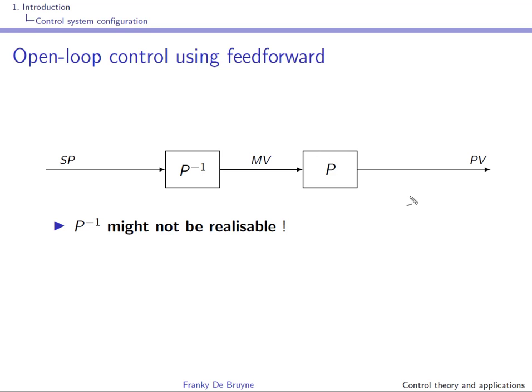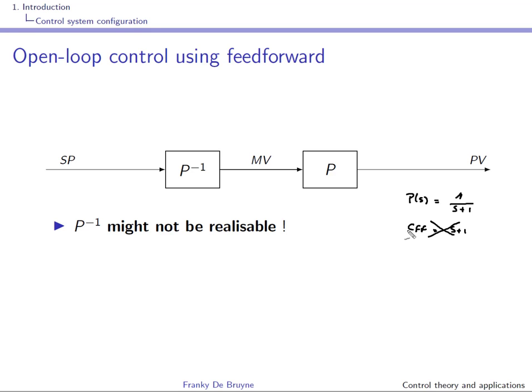For instance, if you have P of S is equal to 1 over S plus 1, so this is a first order system, well, the feedforward controller is S plus 1, and this is not realizable because, well, this transfer function here for the feedforward controller must be proper.